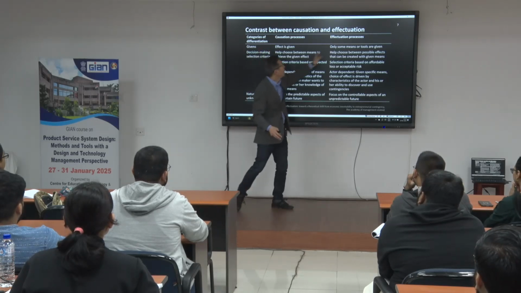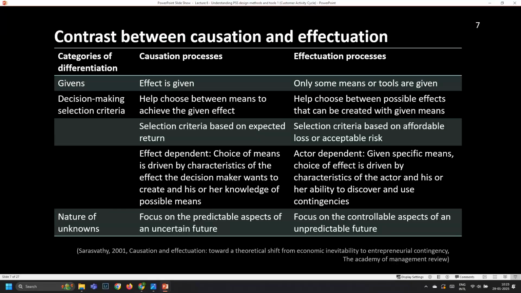On the other hand, in the effectuation processes, an example could be like a guy has a great idea, building upon, let's say, unique knowledge or unique person or unique organization, whatever, something unique.